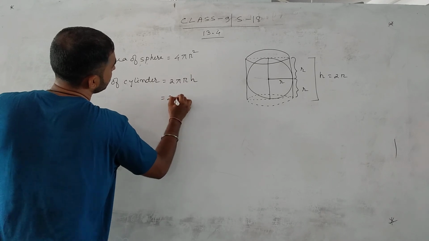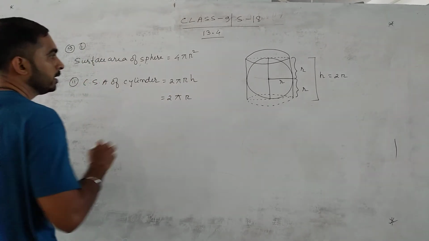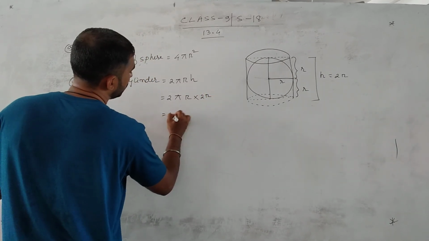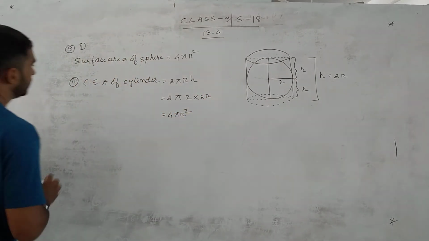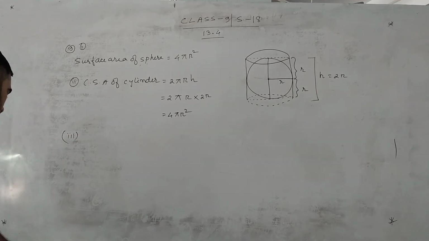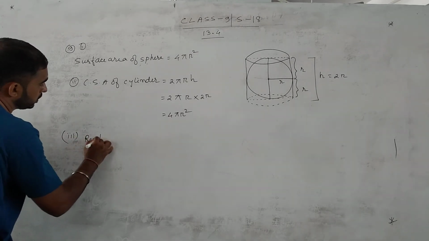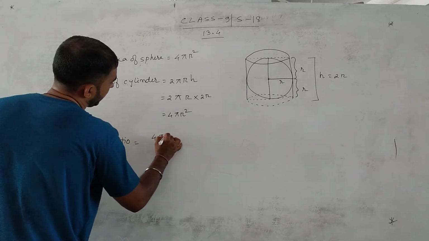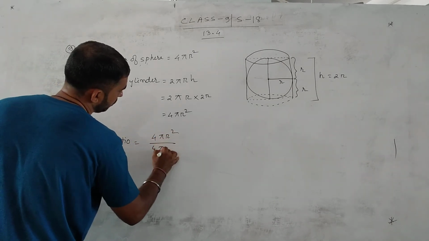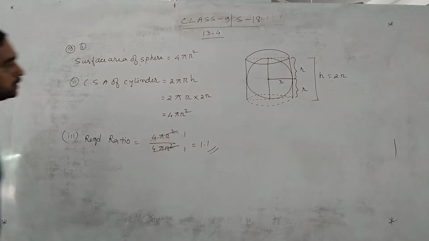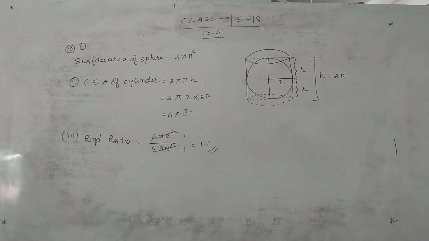Here the radius is r and the height equals twice r, so 4 pi r square. And number 3 is the ratio of 1 and 2. So the required ratio is 4 pi r square to 4 pi r square. Both are the same, cancel them. So 1:1. This is the solution.